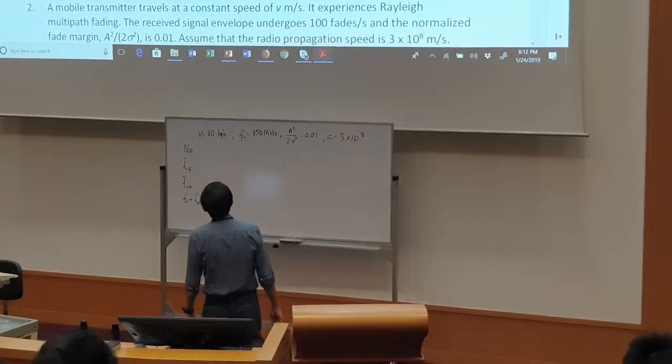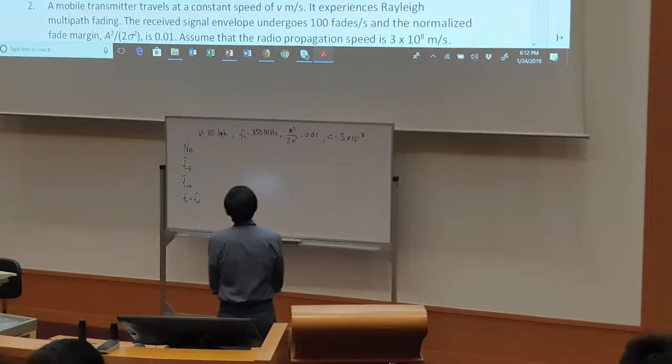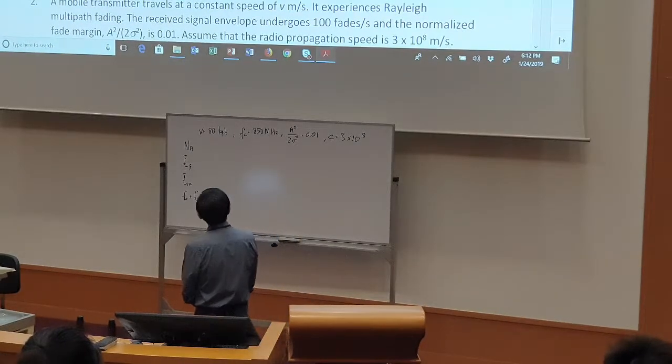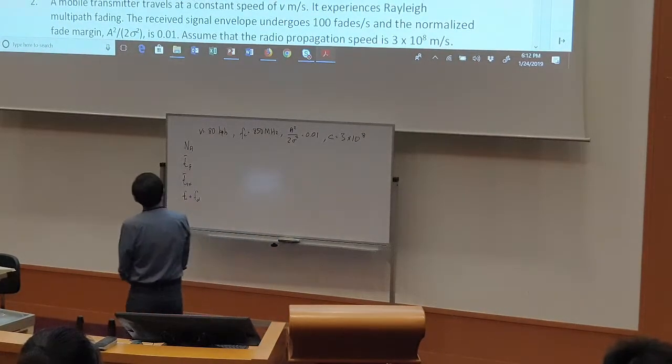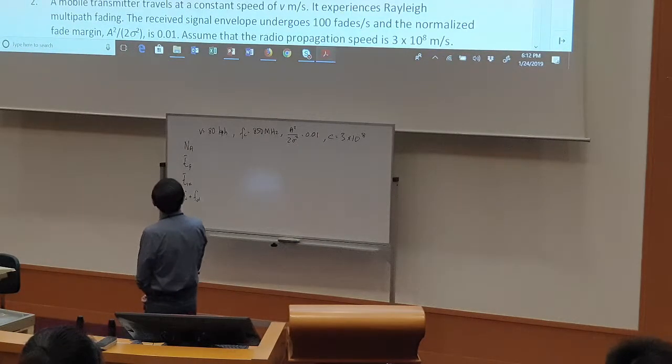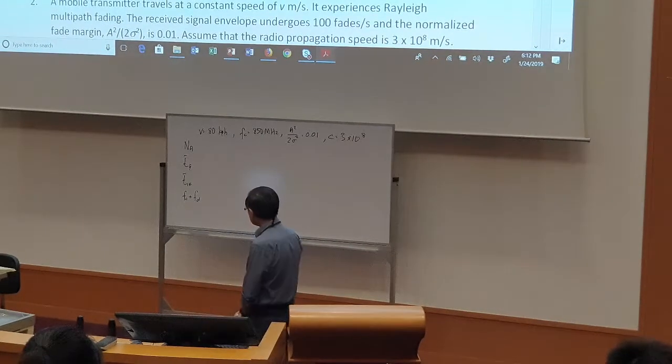And for part E, for a digital transmission system using quadrature phase shift keying, operating at 200 kilobits per second, is the Rayleigh fading slow or fast?